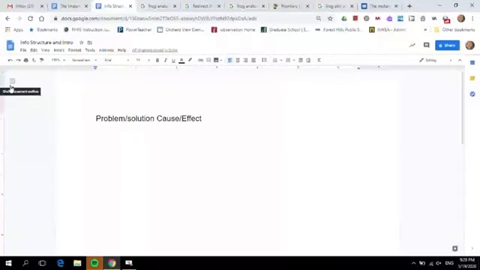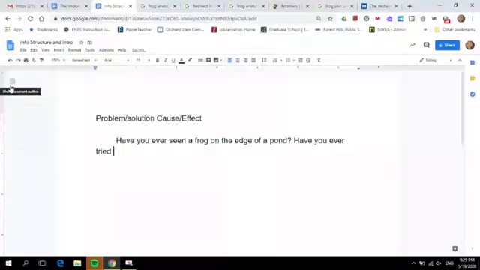So here's how I would go about doing it. Have you ever seen a frog on the edge of a pond? Have you ever tried to catch a frog and felt it slip through your fingers?